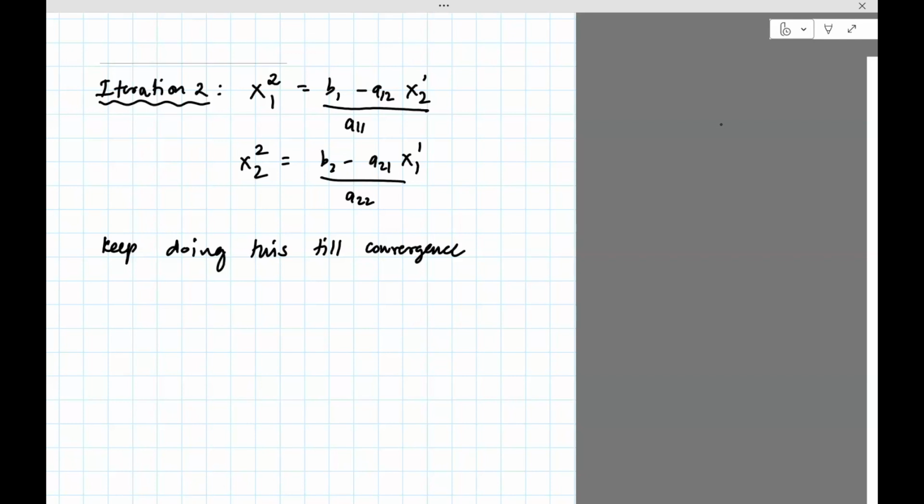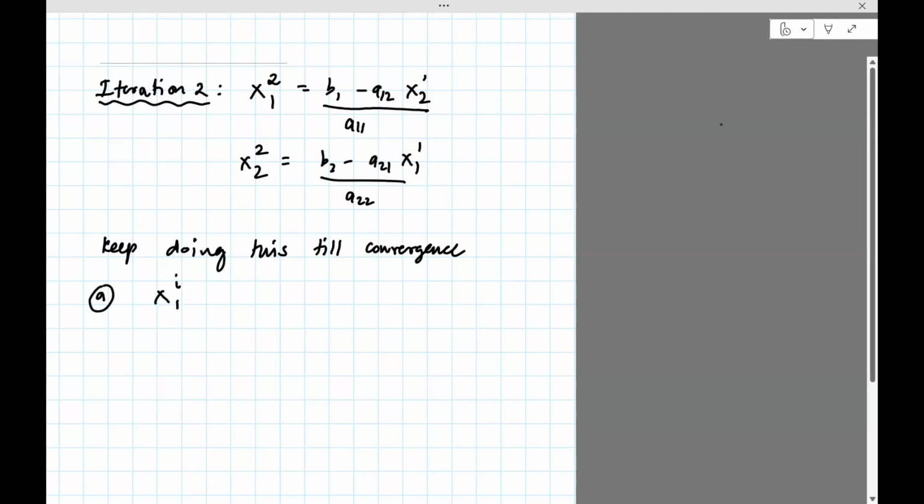So what you can do is try to see if x1 values are beginning to remain the same. So if you get a solution for x1 at iteration n and it does not change between two iterations, then you can say that it's converging, and so you'll quit.